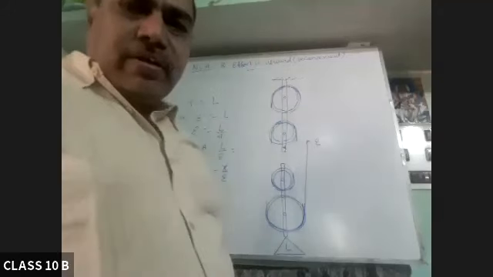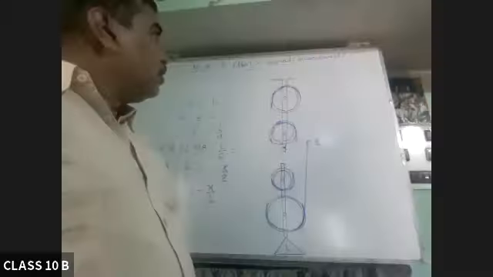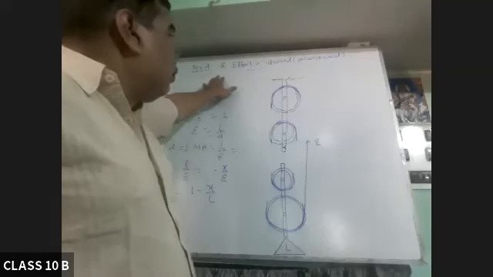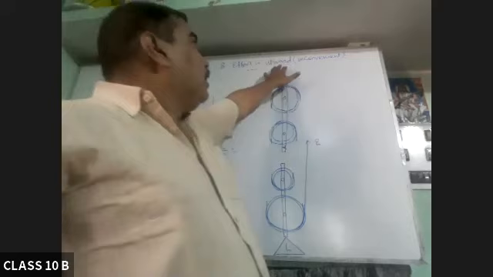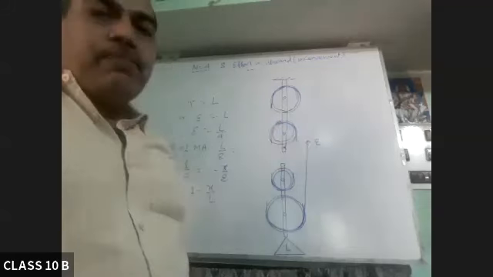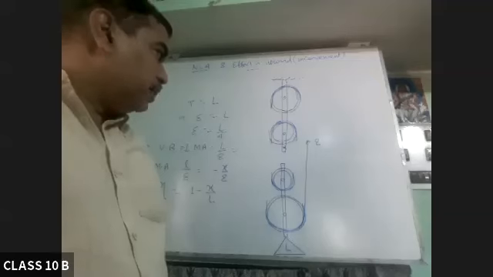Now we are doing n equal to 4 and effort in upward direction, which is inconvenient. If the total number of pulleys is 4 and effort is applied in upward direction, 5 tensions will be there, yes.